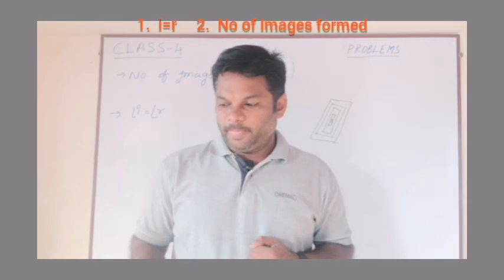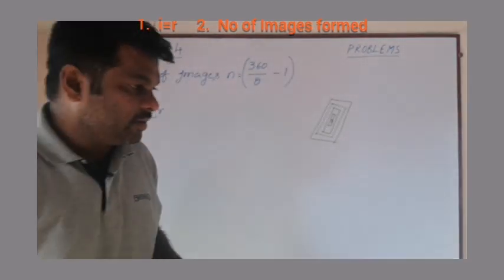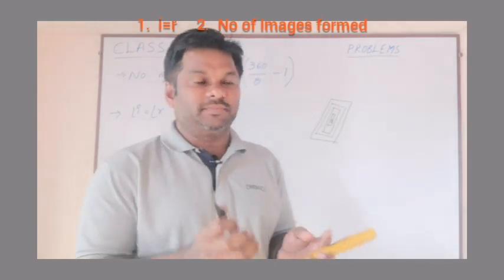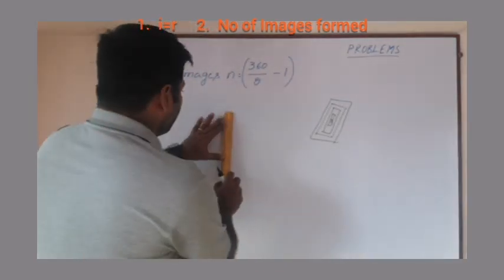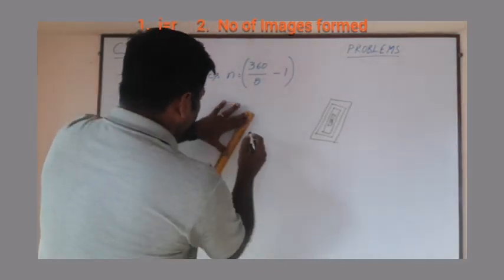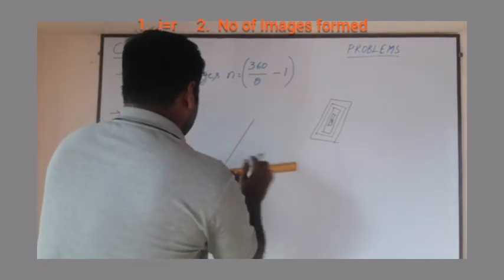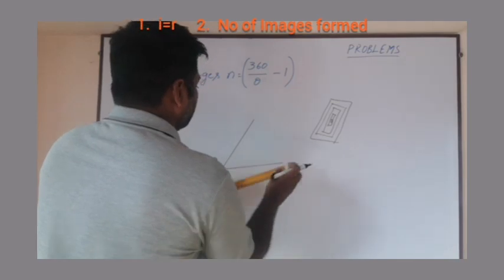If you have two more mirrors which are not parallel, which are making an angle with each other, suppose this is a mirror and here is one more mirror.